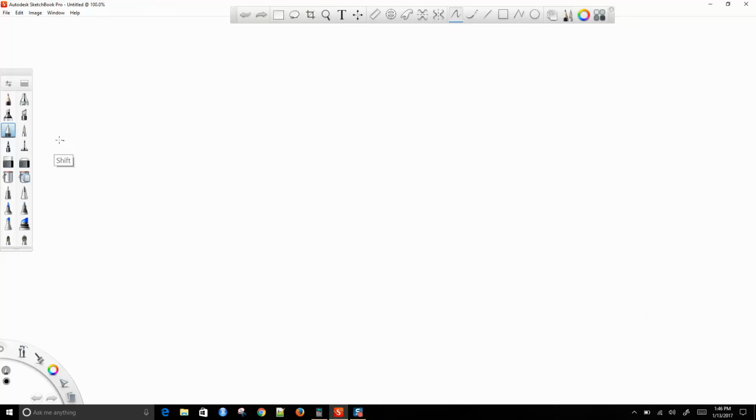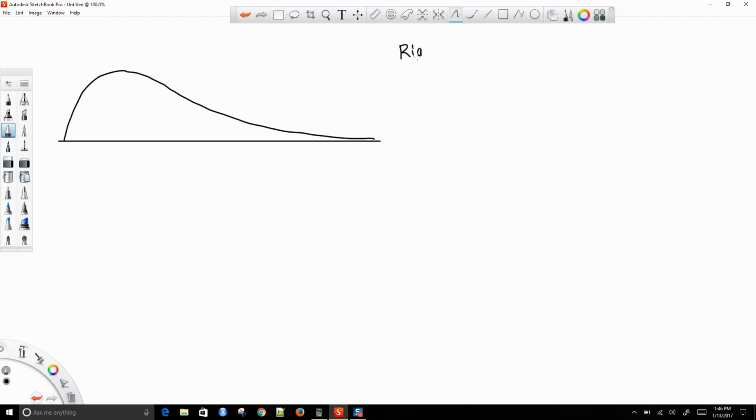Other distributions, other data might look something like this. Okay, and we would call this right skewed. For right skewed, the middle is somewhere around here. Most people are over here.